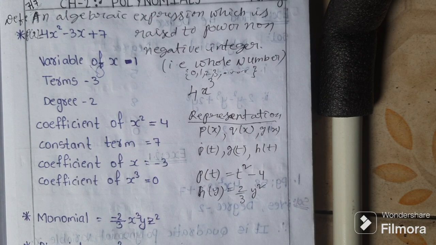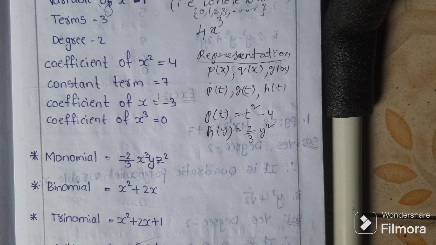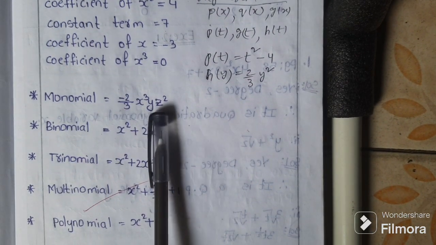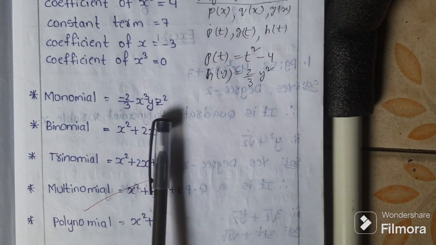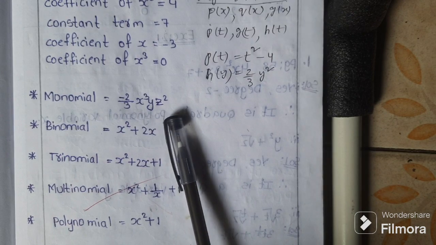Next, based on the number of terms: monomial. Monomial means a single term. This looks like so many numbers, minus 2 by 3, x cube, y z square is given.